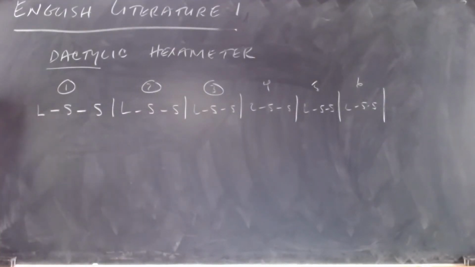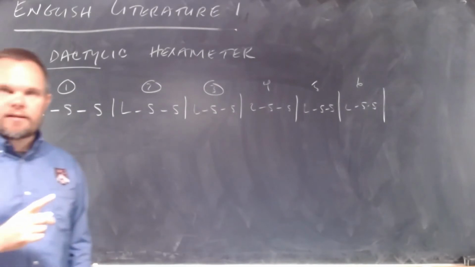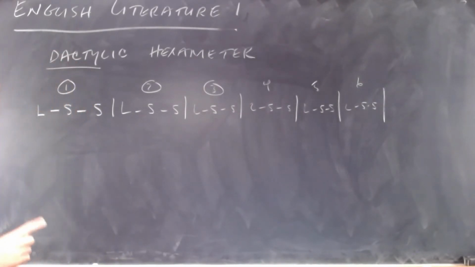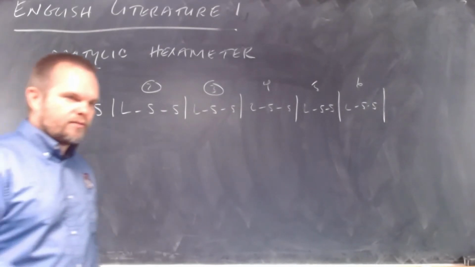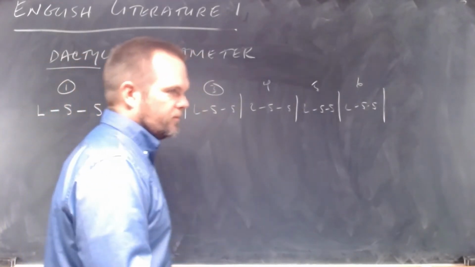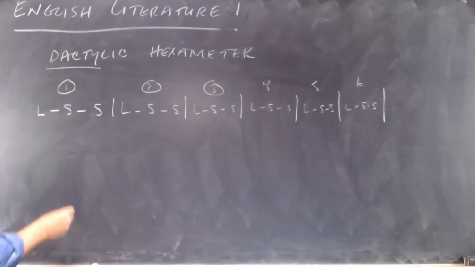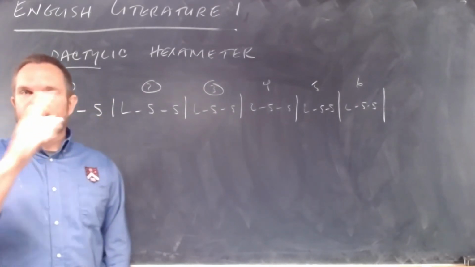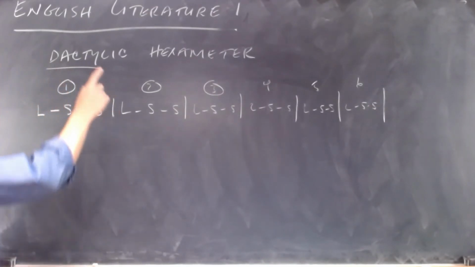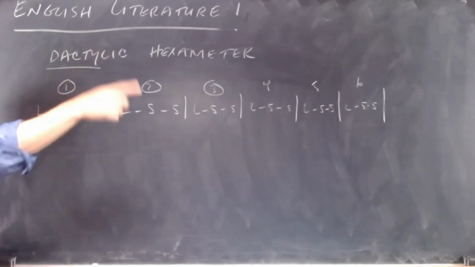Now, what I said was we're not going to read Homer's Greek. We're not going to read the Greek text of the Iliad. We're going to read an English translation by Alexander Pope. Alexander Pope translated the Iliad into English poetry, and he uses a different meter, a different rhythm.